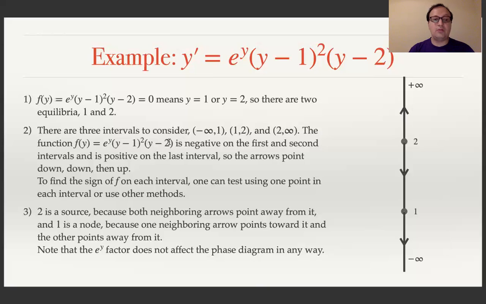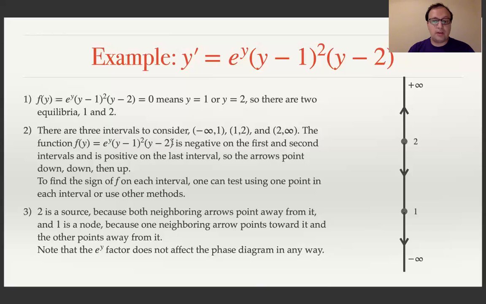Another way to look at it: if y is a number less than 1, then e^y is always positive, (y - 1)^2 is a square so it's positive, and y - 2 will be negative. So we have positive times positive times negative, which works out to negative.